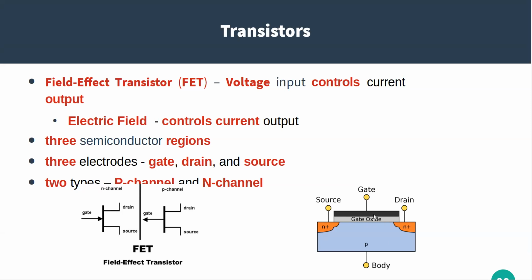There's this oxide layer in here, and there's no current flow. It uses the electric field that's created, because it's kind of acting like a capacitor, to control the amount of current that can flow from source and drain. It's called a pinch effect.